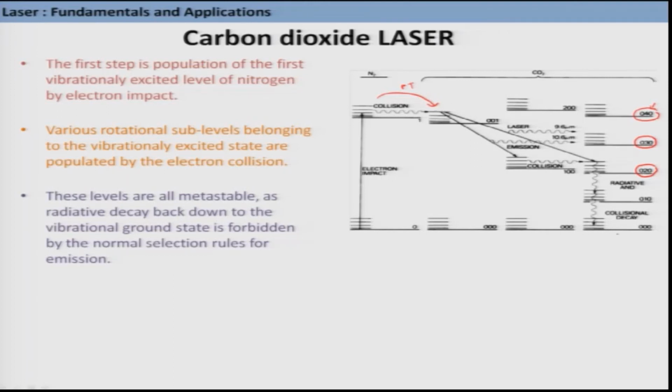Because it is a metastable state, after every excitation and following collision, the number of carbon dioxide molecules in this excited state is increasing, and then it can come down to the low lying energy states, and these low lying energy states, like here or here, undergo very rapid relaxation ultimately to the ground state. Thereby you can achieve sufficient population inversion, and hence you can get the laser action.